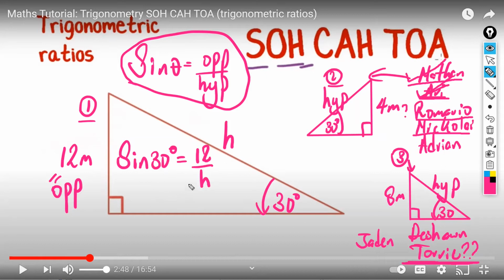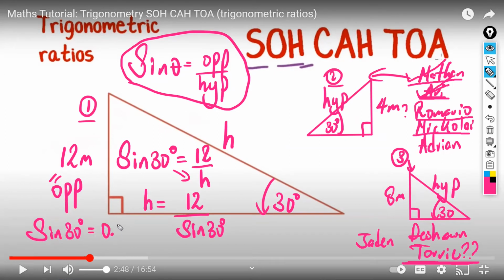So in order to solve it, we can switch the h with the sine 30, and h is going to be equal to 12 divided by sine 30. And this is how we find the hypotenuse. If you put sine 30 in your calculator, it's actually 0.5. And you should get h is equal to 12 over 0.5, which in this case is 24 meters.